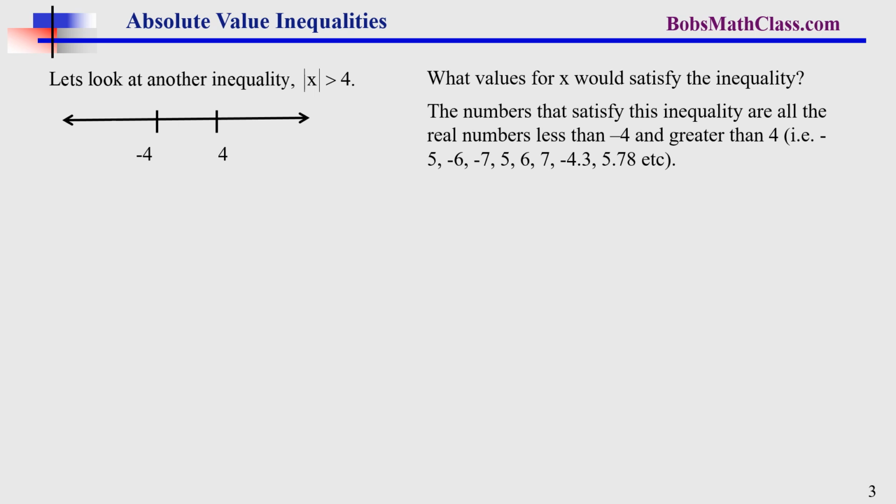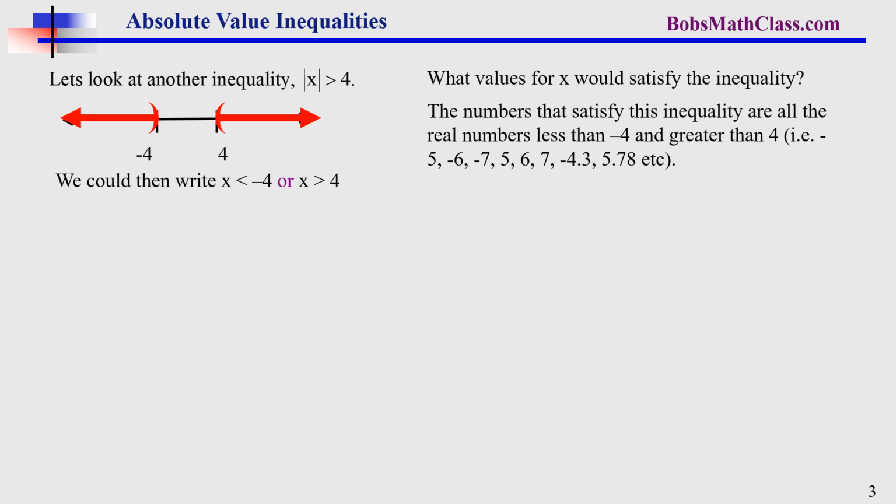So numbers greater than 4 and numbers less than -4. We could write this as x is less than -4, or this would be an or this time, right? Not an and. x is greater than +4.